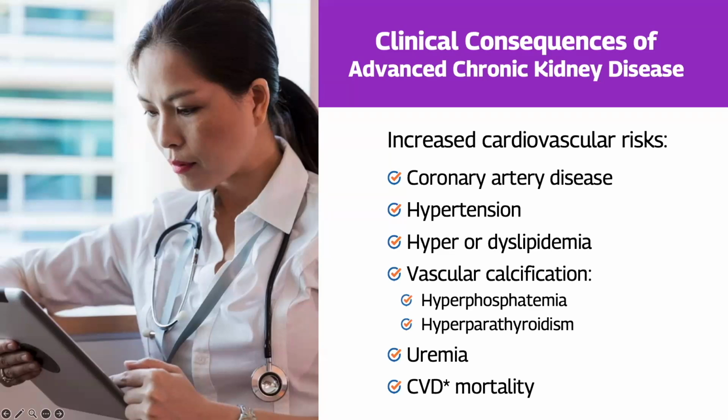Also, regarding hypertension, which is defined as a systolic BP at or above 140 millimeters of mercury, or a diastolic blood pressure at or above 90 millimeters of mercury, it is identified in 50 to 75% of patients with CKD stages 3 to 5, and 25% of all patients receiving dialysis.